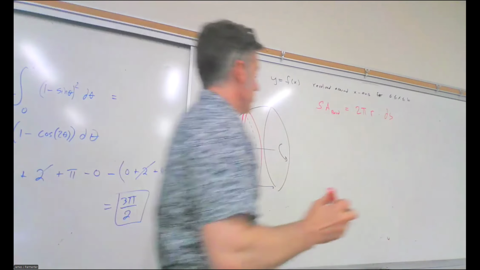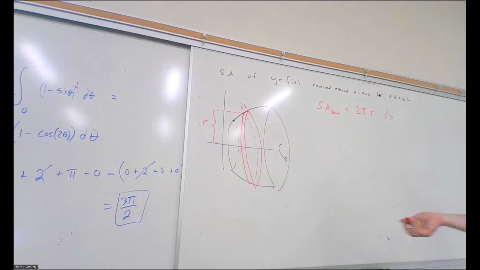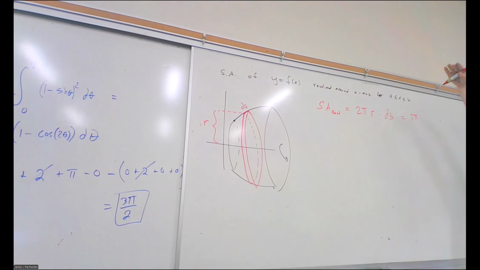So there's actually 2 ways to do this for both axes. In this case, since I've written that function in terms of x, we're going to say this is going to be 2 pi times, I'm not going to use y there, even though I'm y away from the axis of rotation, I'm going to use f of x times ds, which is the square root of 1 plus the derivative squared.